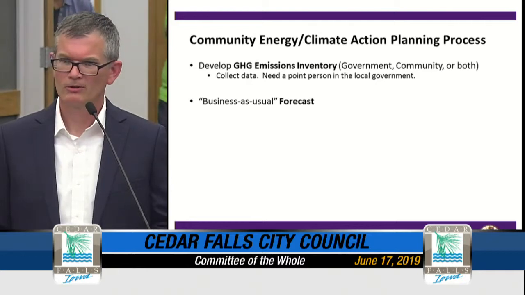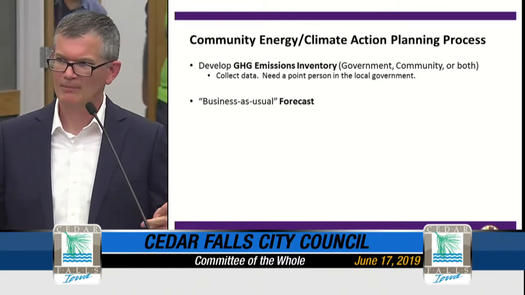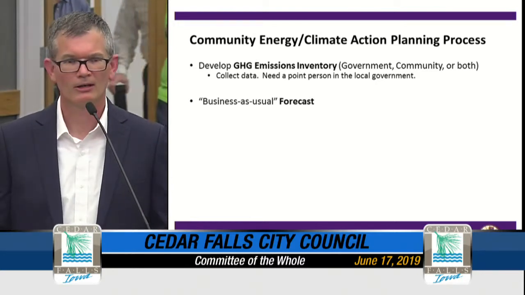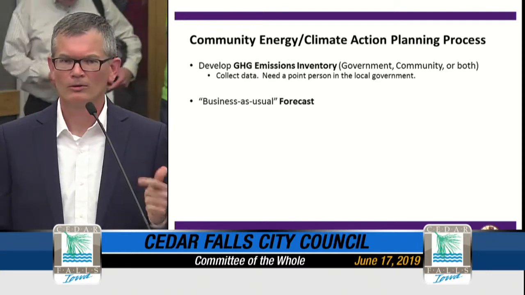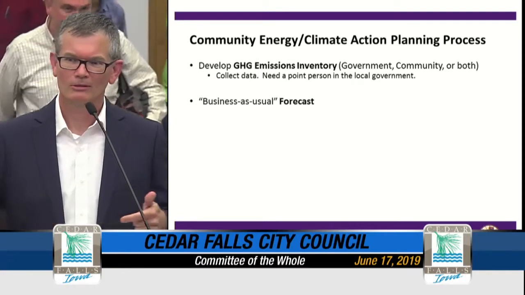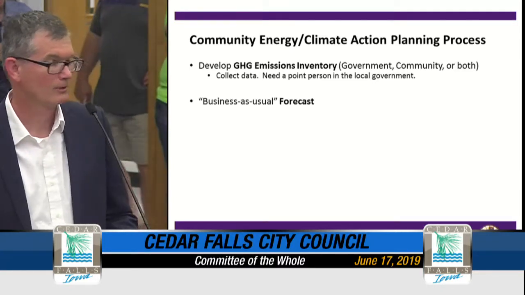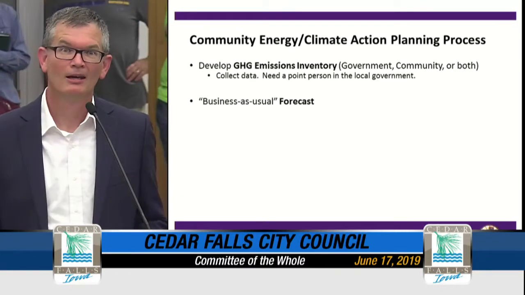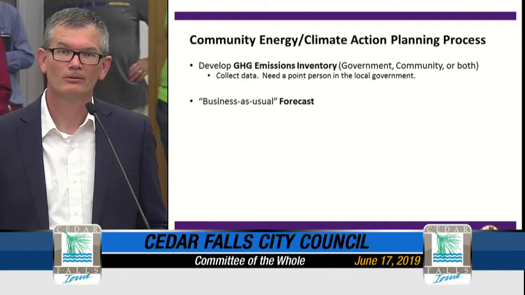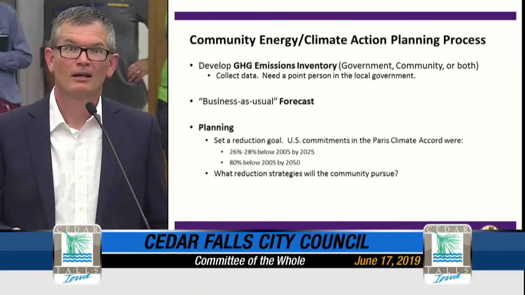We do put in those factors because we know those things are happening. They're just already occurring. But with only those two factors applied, what will emissions look like 10 years from now, 20 years from now, 30 years from now, if we don't apply any other reduction strategies?